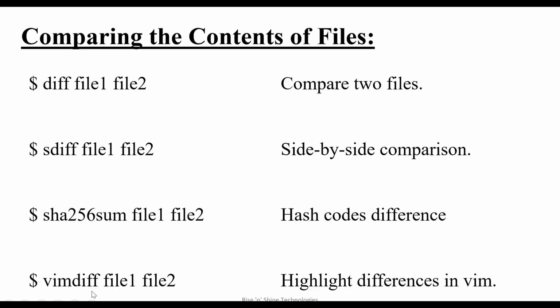And finally, we have one more option, vimdiff. You can find it in the Vi editor section also: vimdiff file1 file2. This is also helpful for file comparisons. So these are the utilities available on the Linux system to verify the contents of files.